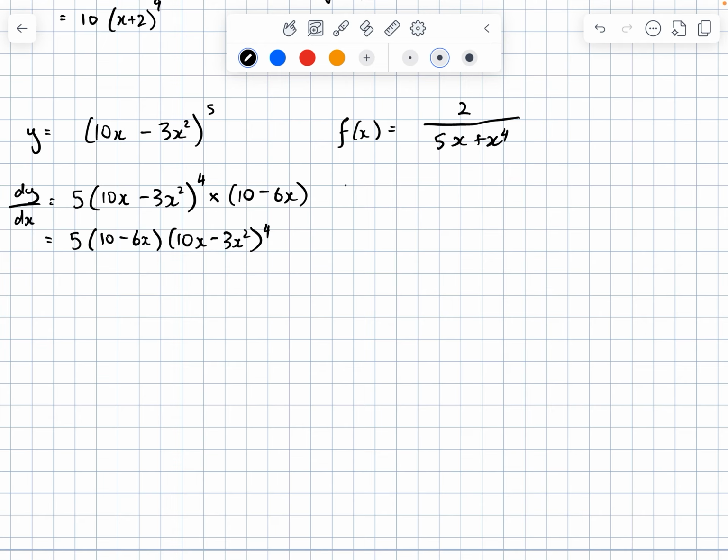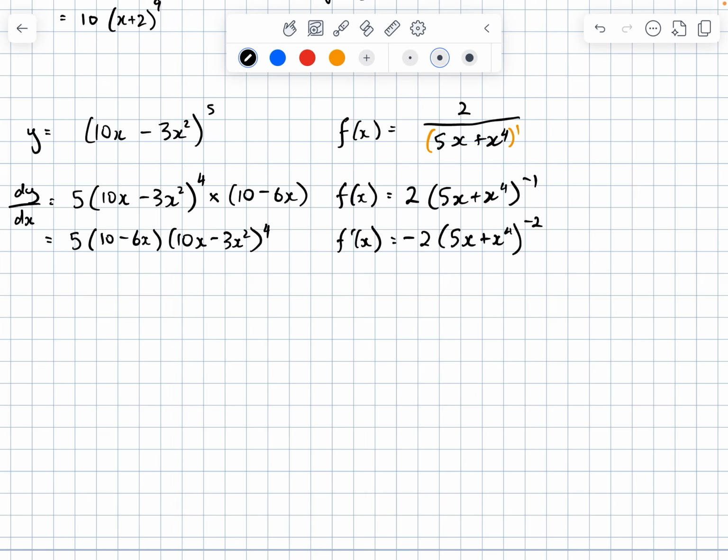Finally, I'm going to treat this whole bottom as if it's to the power of 1. So I'm going to bring it up. You get 2(5x plus x to the power of 4) to the power of -1. So to differentiate, I'll bring the power in front, -2, rewrite the inside function, and reduce the power by 1.